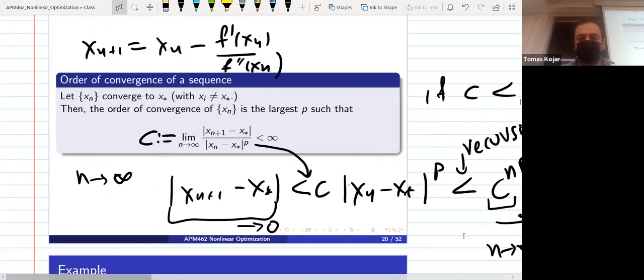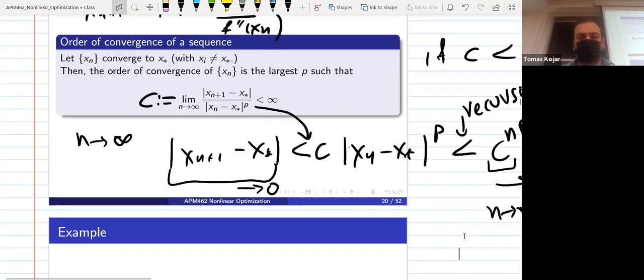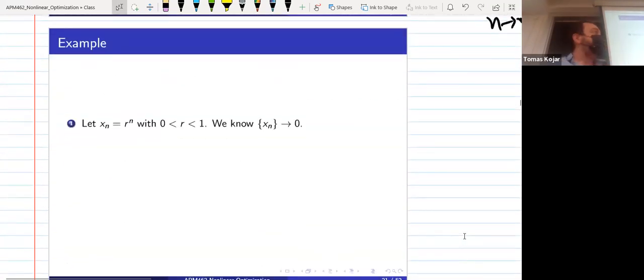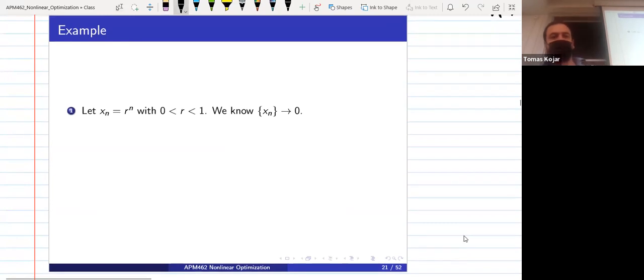So now let's make what I wrote rigorous. Example. Let's compute this order. Again, this is a first year example that I took. I'm just going to do the ratio test. So take the sequence xn equals r^n. By the way, the function x^n looks like this.